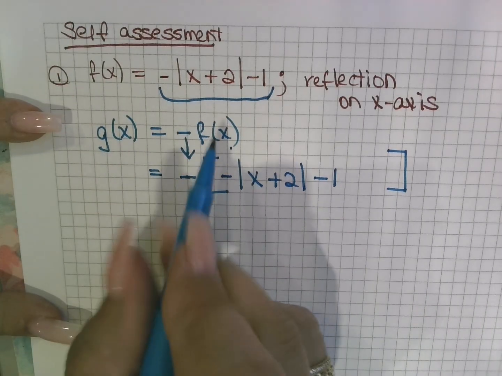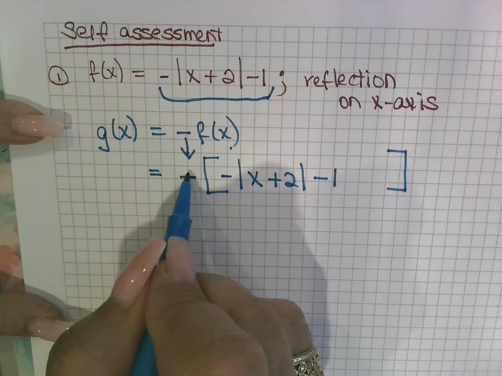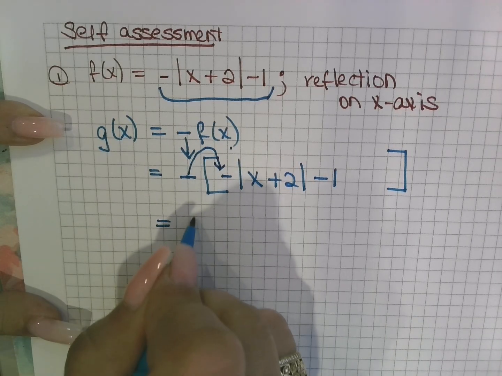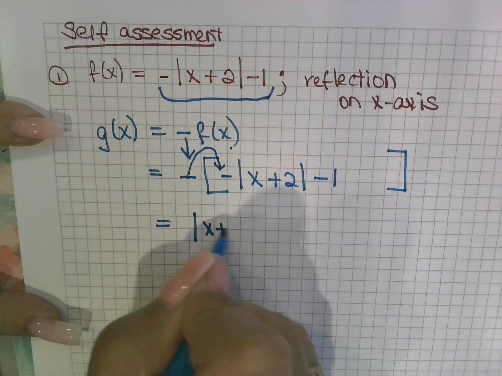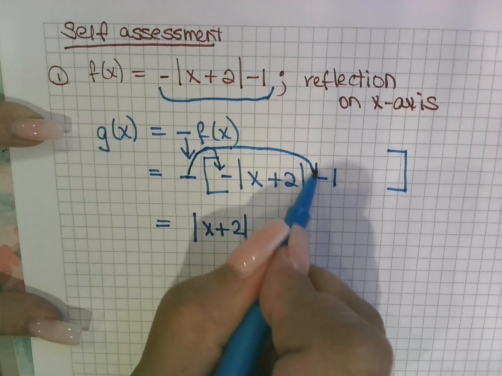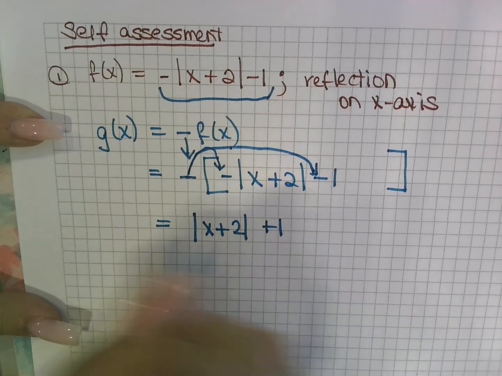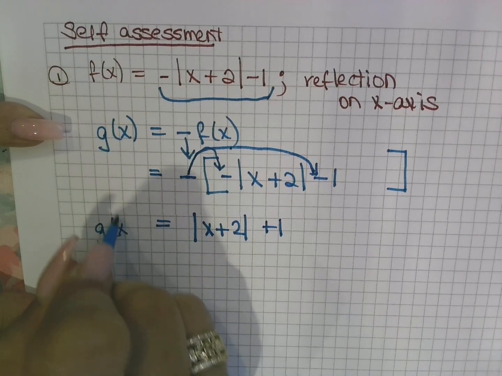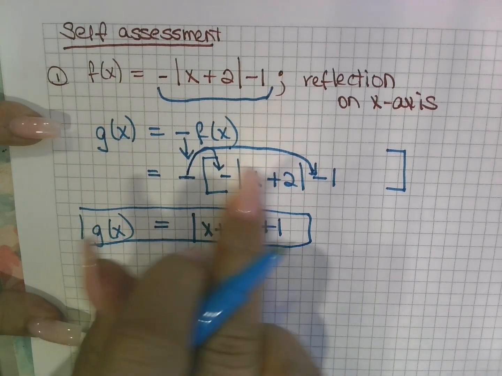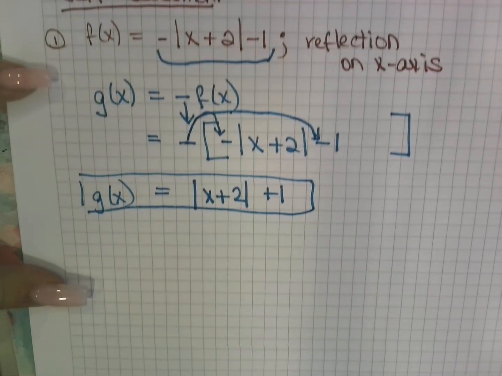And now you're going to distribute this negative 1. So negative 1 times negative 1, that's going to be positive absolute value of x plus 2. And then negative 1 times negative 1, that's going to be plus 1. So make sure you distribute that negative 1 with the entire function.